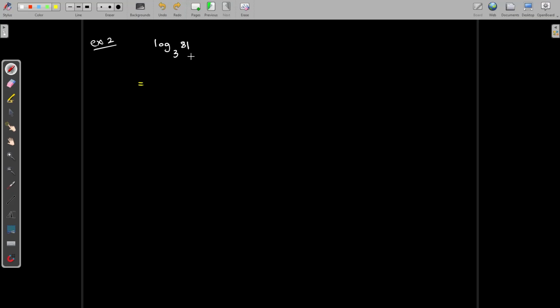So what we'll have to do is break down the 81 here. We notice that the base is 3. We need to find what power of 3 gives us 81 and rewrite it as that. So it will be log base 3 of 3 to the 4th power, right?